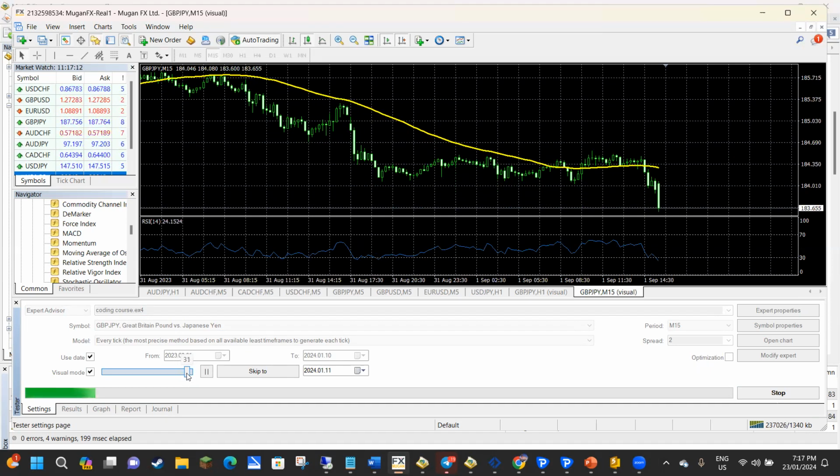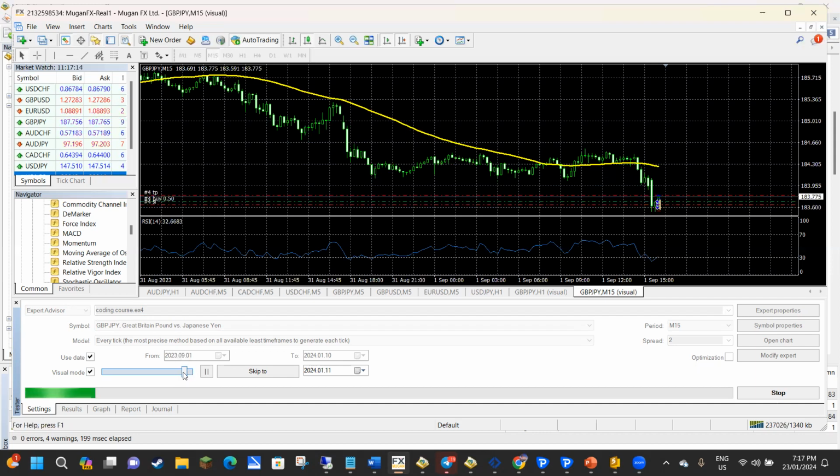Okay, it's gone below 30. And now it's gone back above, so it's taken out trades. So we know our trade logic's working for the buys.